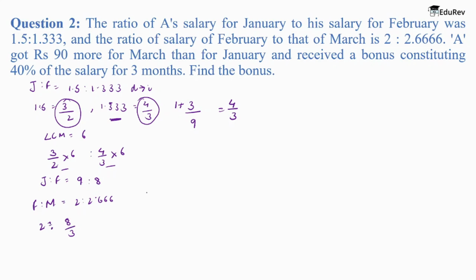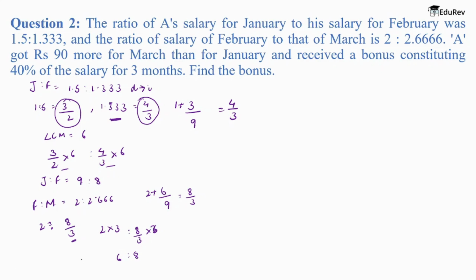How did we do that? 2 plus 6 is repeating one time, and this is equal to 8 by 3. Now we will multiply this by 3 so that we can get rid of the denominator. 2 into 3 is to 8 by 3 into 3. So the ratio is 6 is to 8.